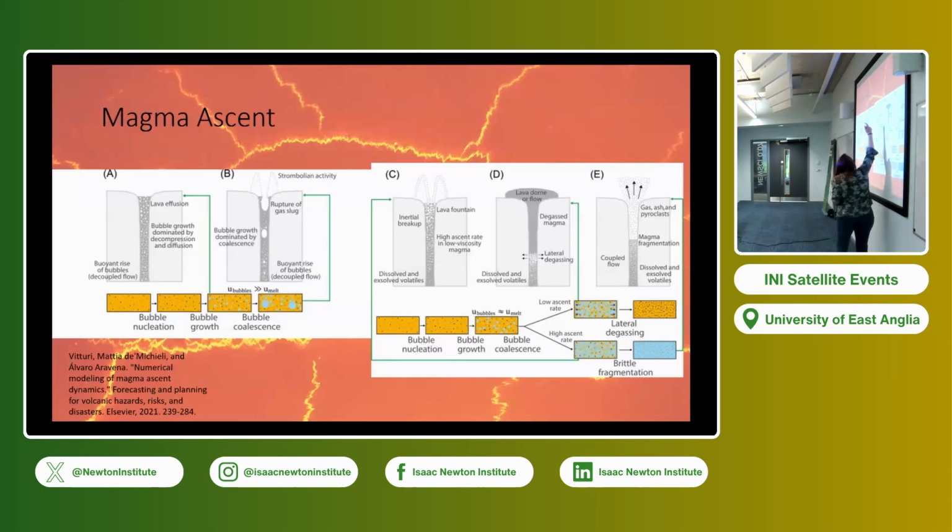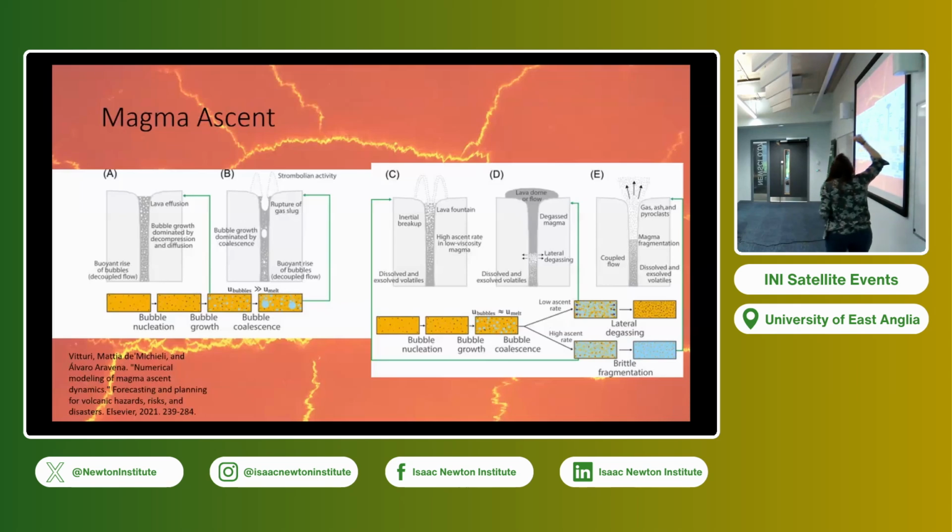And so as it ascends quickly, there's a high ascent rate, and you get this lava fountain at the top. So you've got lots of stuff coming out, and the bubbles and the sheer velocity make a fountain, which, again, is quite touristic, but a bit more dangerous. These are the ones where things go bang.